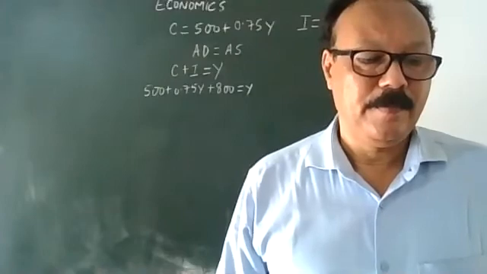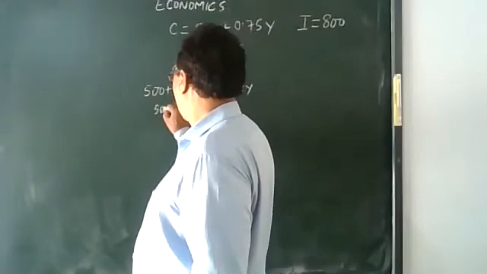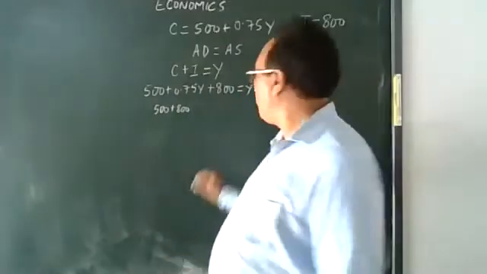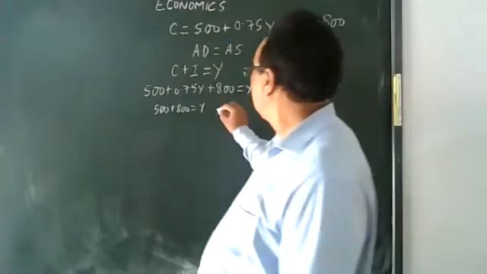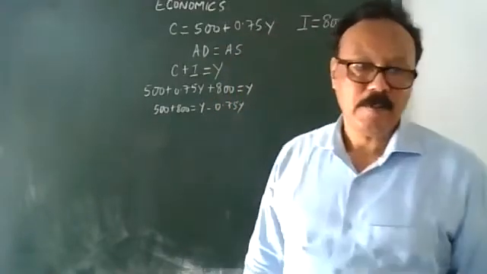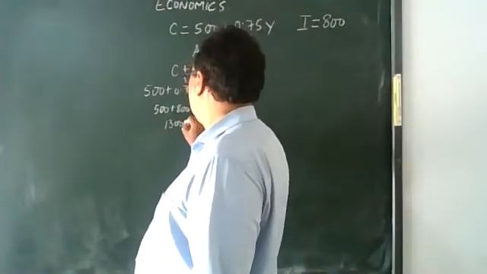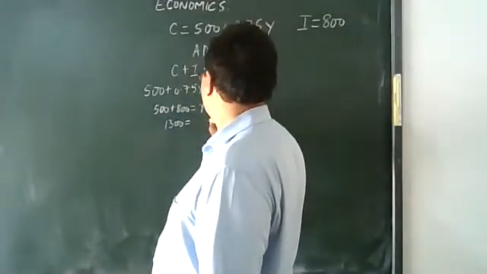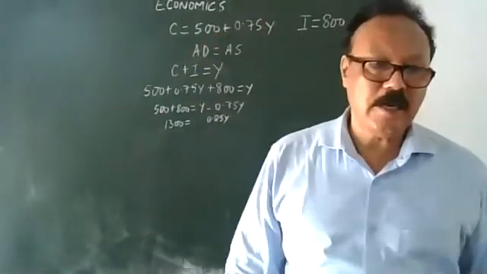Okay. Bring all the values together. 500 plus 800 is equal to, take the Y from the other side, Y minus 0.75Y. Is that okay? 500 and 800, 1300 is equal to 1 minus 0.75, that is equal to 0.25. Is that okay?